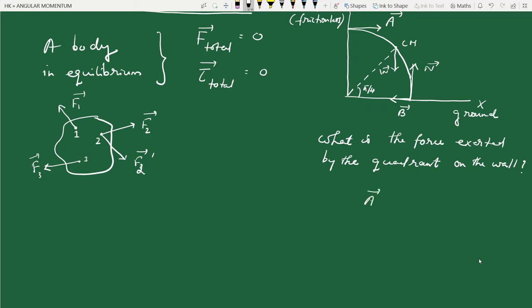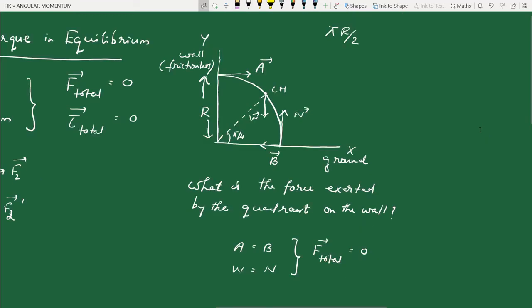So the magnitude of A must be equal to the magnitude of B, since the directions are opposite to each other. Also, in the vertical direction, the total force must be zero. Therefore the force in the downward direction, which is the weight, must be equal to the normal reaction. So these two conditions ensure that F total is equal to 0.